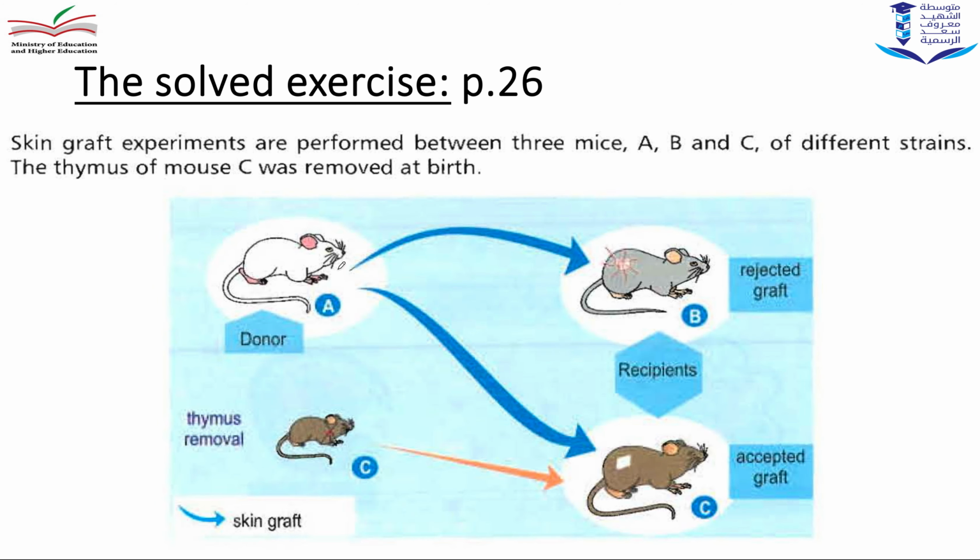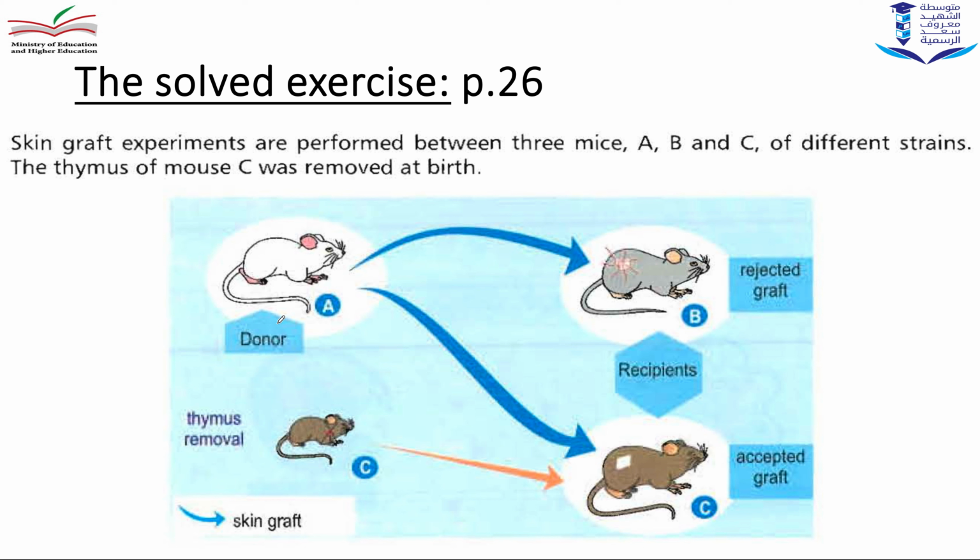Now here in this exercise is very important. We have a skin graft experiment performed between 3 mice A, B, and C of different strains, and the thymus of mouse C was removed at birth, for mouse C only.